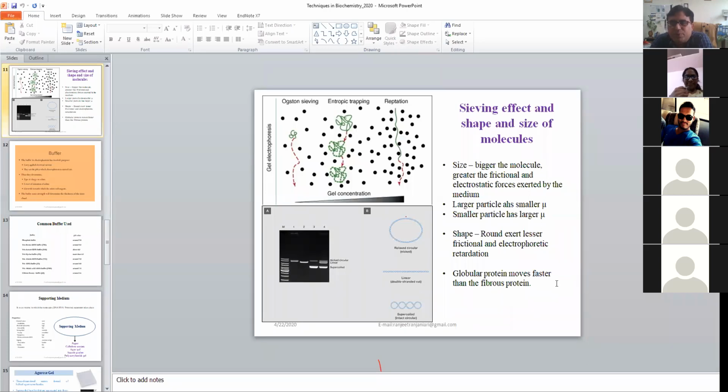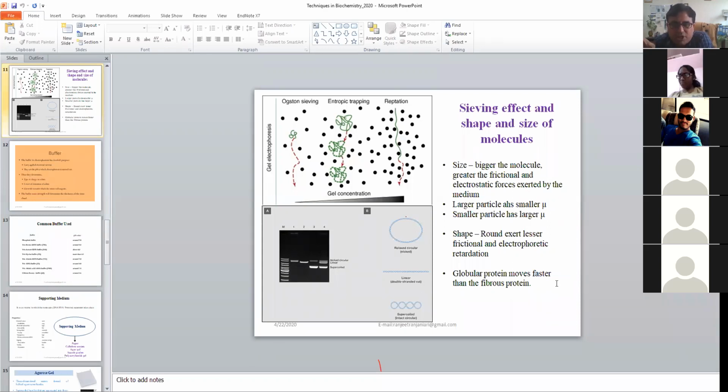So let me tell you, when you load your samples, let us take the example of DNA, and when you provide the electric field, it will move from the bottom portion of the gel and it will move in a serpent way. It is because of this reason that when you are doing blotting, whether it is Southern blotting or any blotting, we turn the gel upside down.